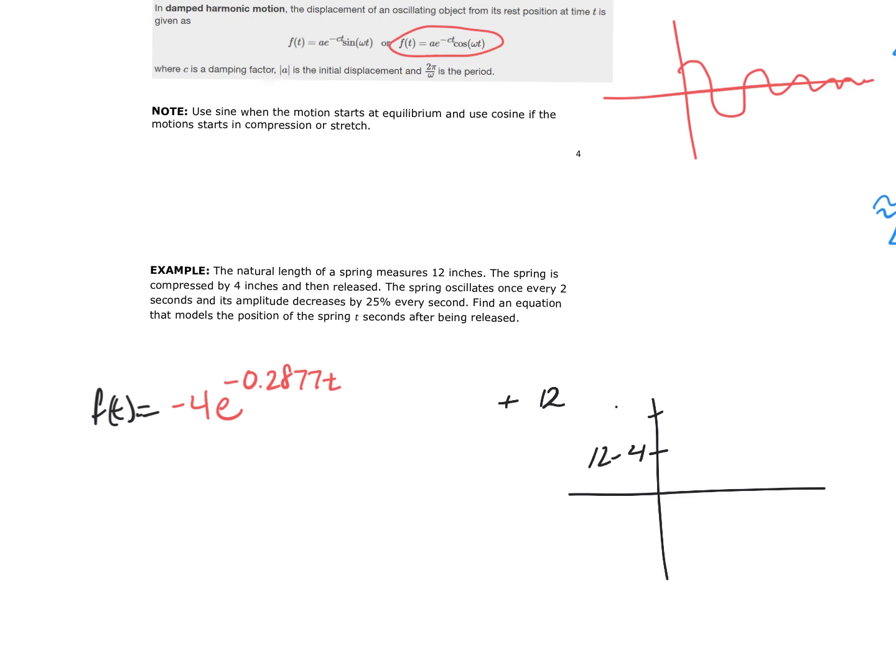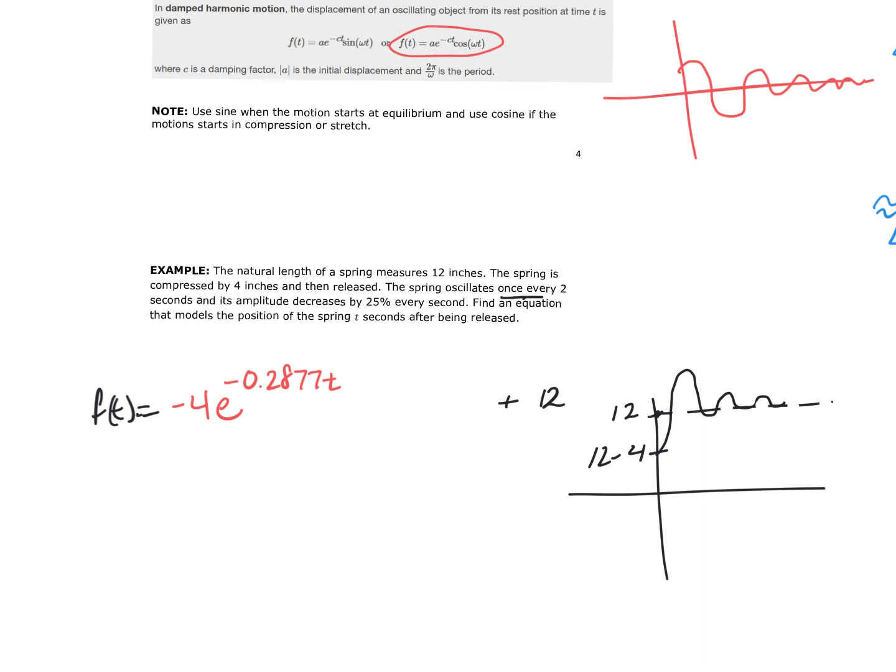And then I would have the 12 here. It would start to do this, and eventually it's going to go to 12, because that's where my midline is. So here's my midline.